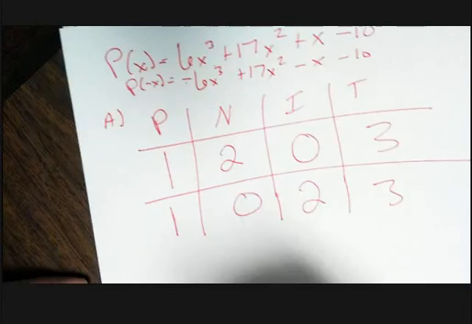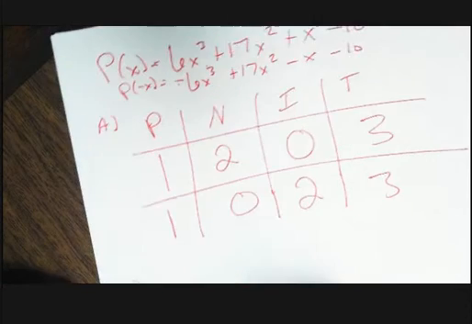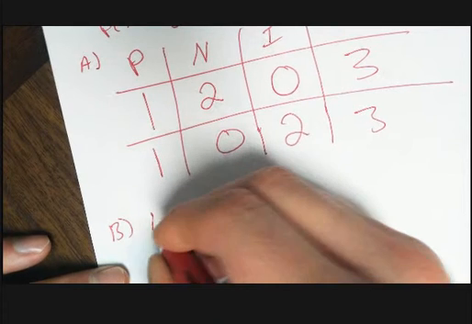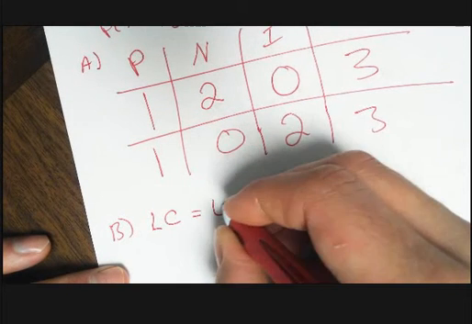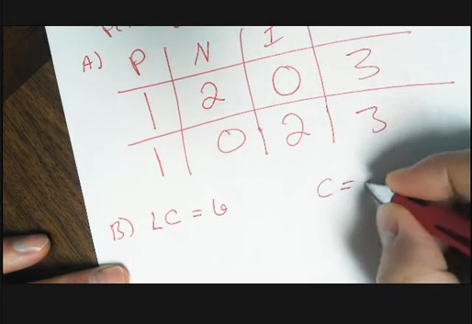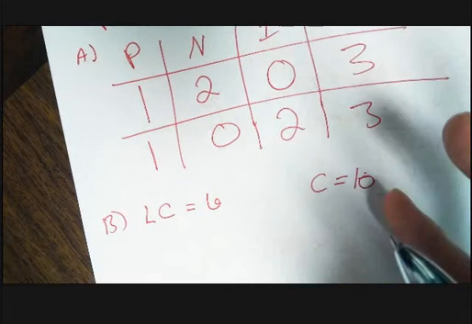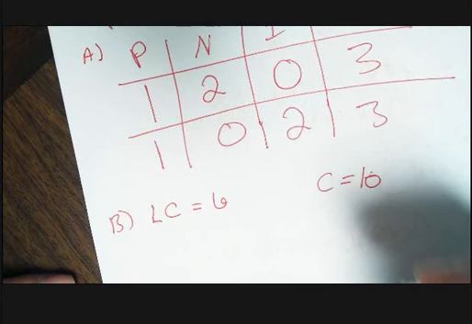Okay. Part B says use the rational root theorem. Well, the rational root theorem needs the leading coefficient, which is 6, and needs the constant, which is 10. Okay, it doesn't matter if you write negative 10 or positive. You're still going to do plus or minus on the factors.